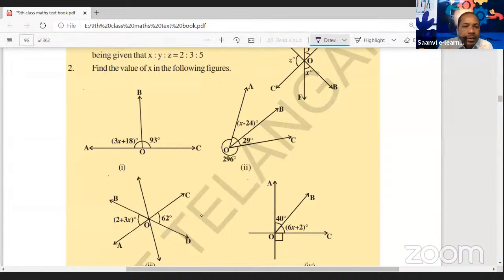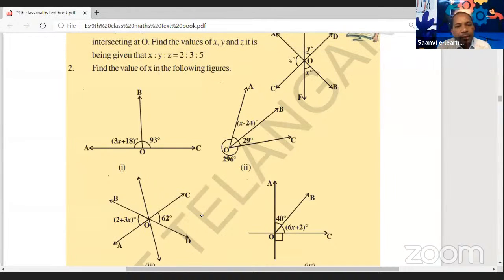Now see the figure 1. From this figure we have to find the x value. So how do we get the x value? To get it, first of all, we have to understand what type of angles they are. Clearly, we know that these two angles are a linear pair of angles. Why? Because, first of all, they are adjacent angles.